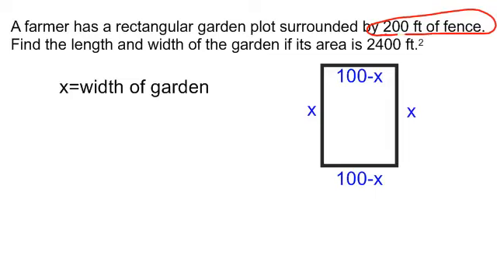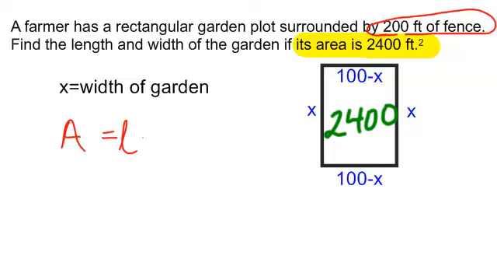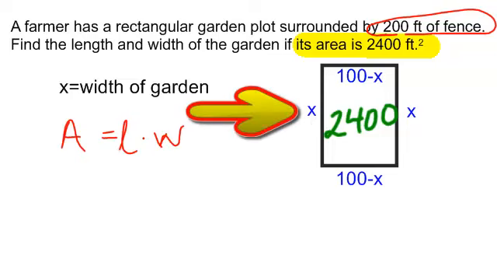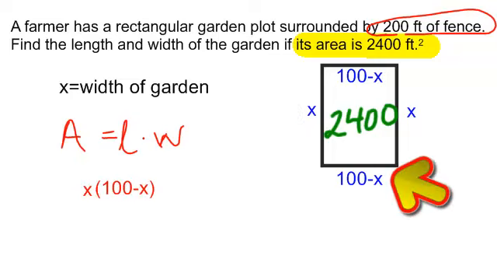Okay, I do know that the area is 2,400 square feet. And hopefully you remember that the area is equal to the length times the width. I have x times 100 minus x. That should be the area, which they told me was equal to 2,400 square feet.